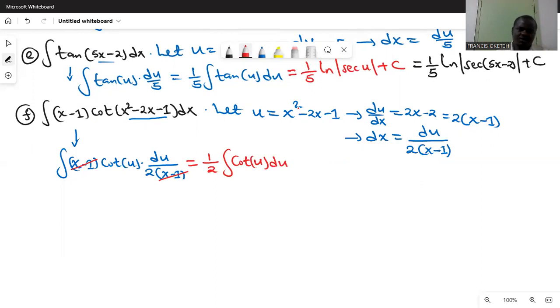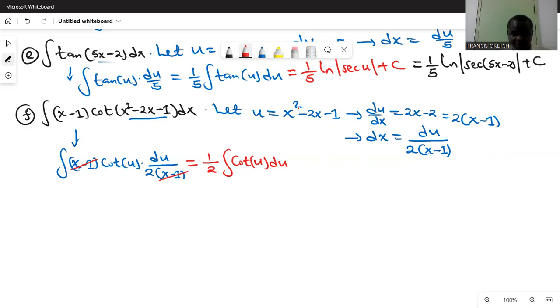When you integrate cot u, what do we get? I also told you that the integral of cot x should be equal to ln of sine x. There is no negative in this case.